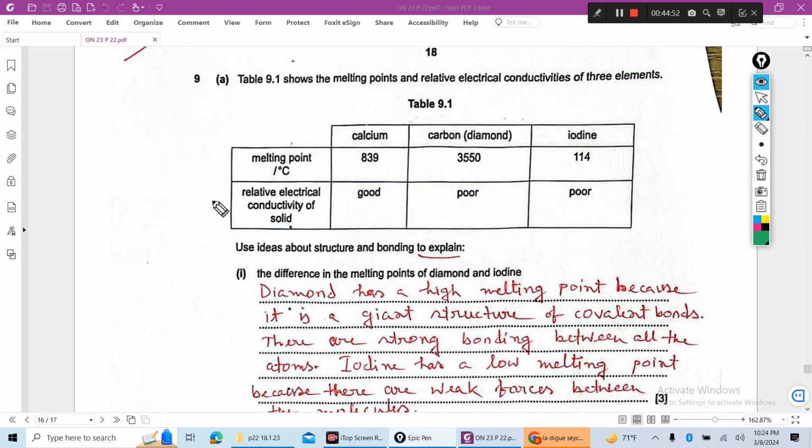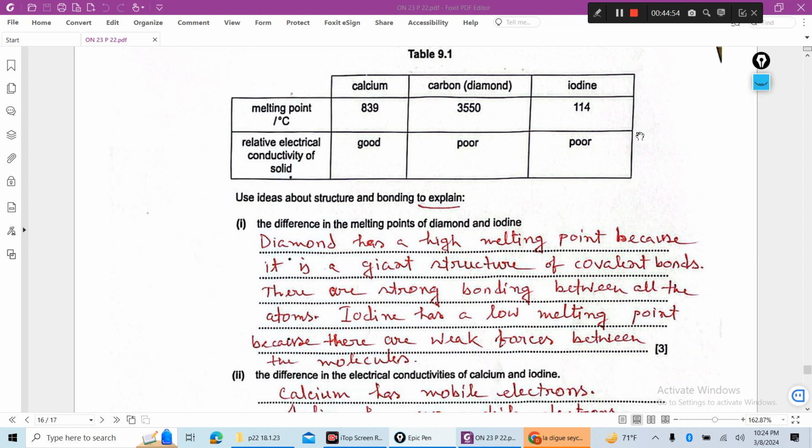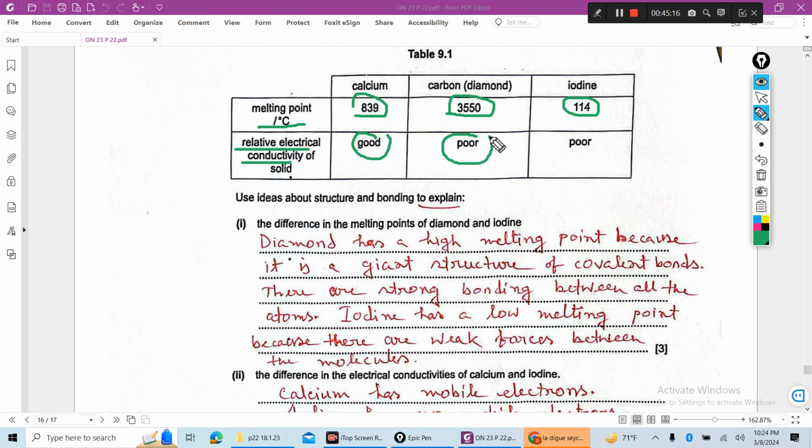So you see melting point calcium 834, diamond carbon is very high, 3550, iodine very low melting point. Electrical conductivity, calcium is good and it is metal, diamond poor, there is no free electron, and iodine is poor, this has no free electron.